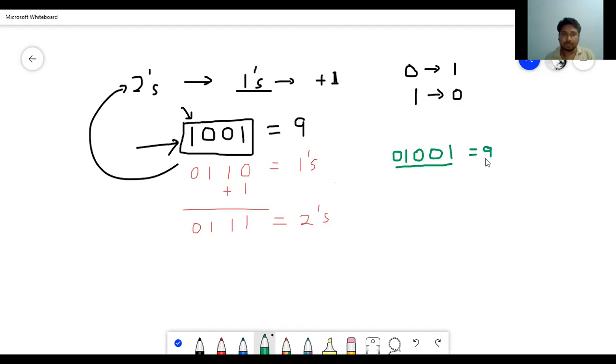Now I convert this 0 1 0 0 1 to 1's complement form. It becomes 0 1 1 0 1. So it is the 1's complement form.